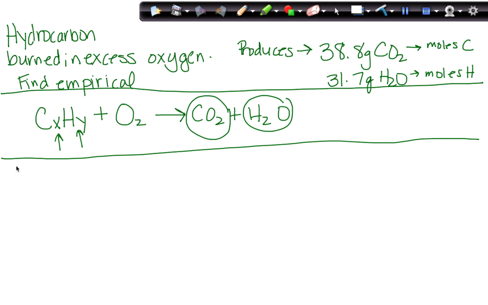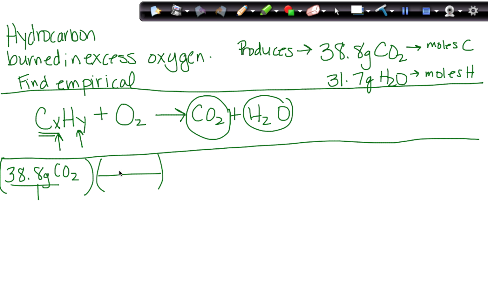So if we want to get started, we're going to do our dimensional analysis. So yes, that was just a fire drill. I'm going to get started again here. We're going to start with the amount of carbon dioxide collected, and we're going to find out how many moles of carbon that represents, because all of the carbon from the hydrocarbon, if all of it is burned, is converted into CO2.